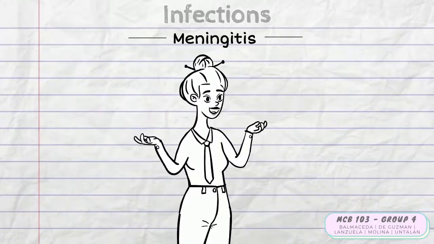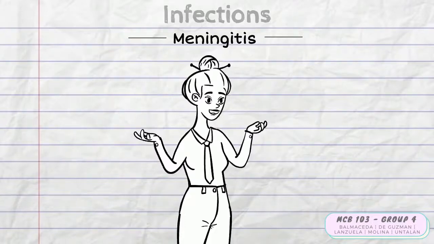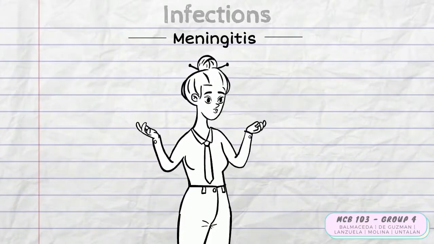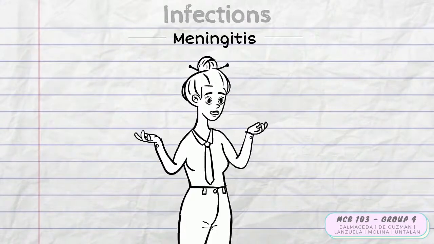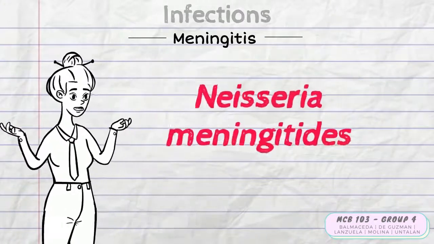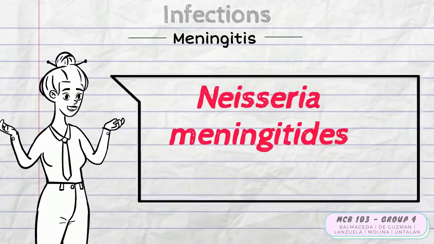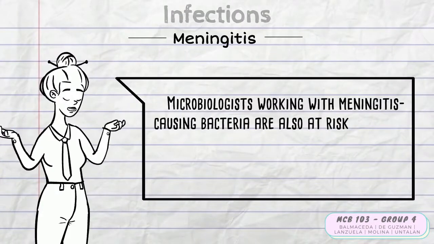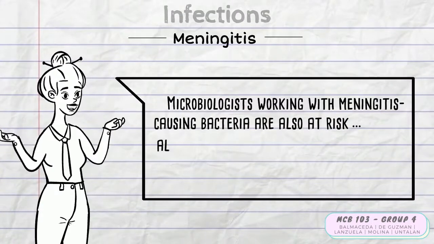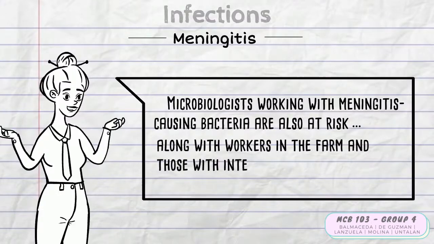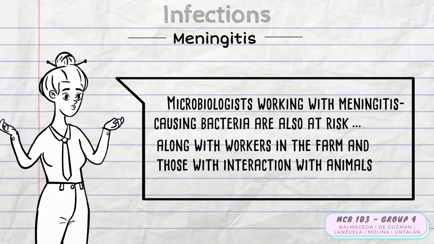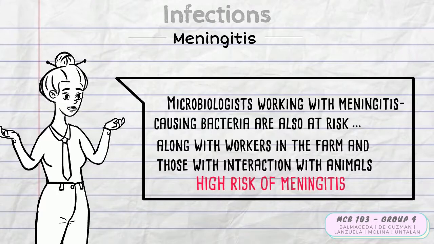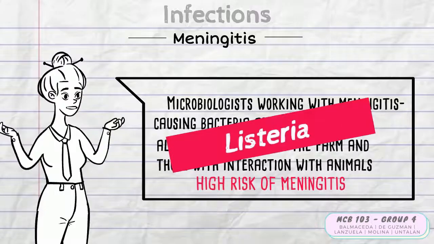In fact, there have been outbreaks of meningococcal diseases reported in college campuses, but of other bacteria causing it, Neisseria meningitidis. Microbiologists working with meningitis-causing bacteria are also at risk for meningitis. The same goes with workers in the farm, and those with interaction with animals are at high risk of meningitis, being infected with the bacteria Listeria.